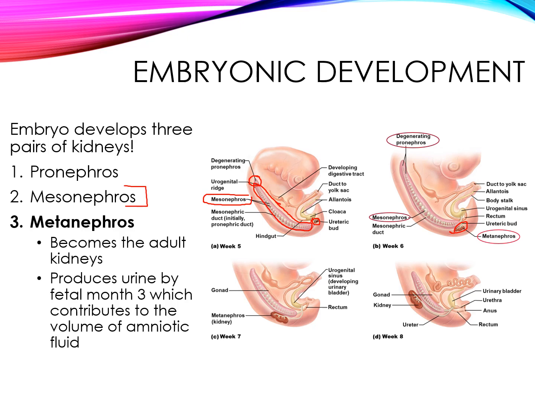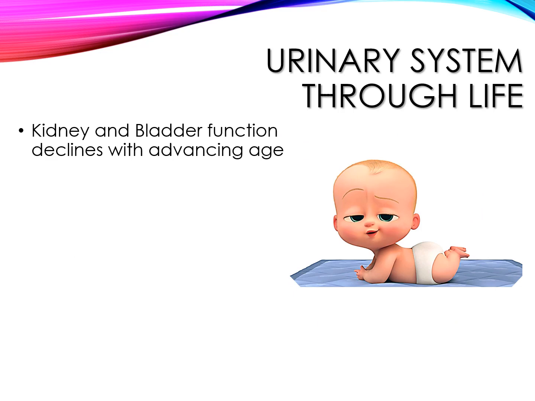The pronephros is essentially just going to degenerate as the mesonephros comes in. So this picture on the right is showing this mesonephros. This large structure here is the mesonephros, and then just that distal end is going to be the degenerating pronephros.